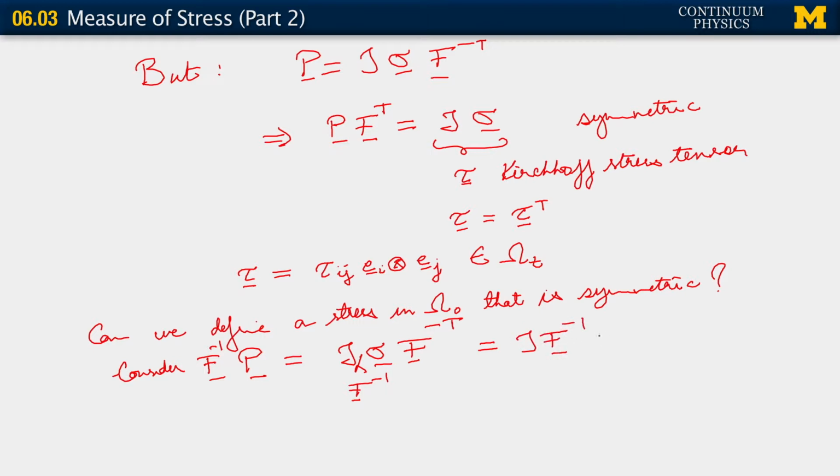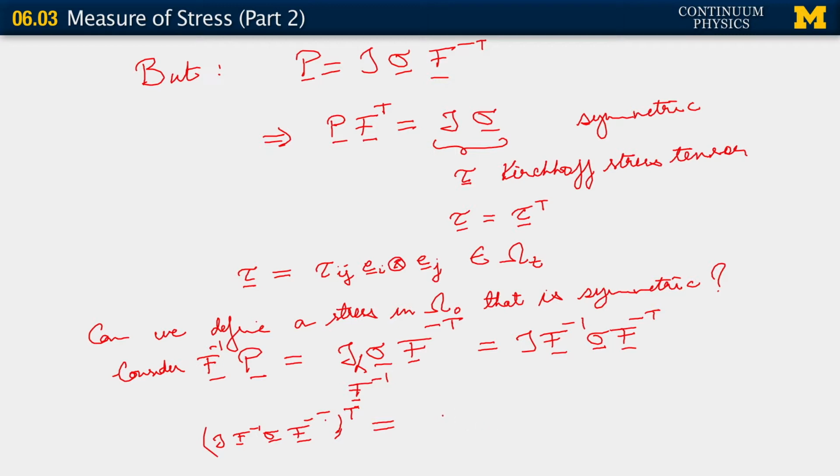And the symmetry becomes clear if we consider what we have on the right hand side here. Because note that J F inverse sigma F inverse transpose, the whole transpose, is, what is the transpose of a product of tensors? It is a product of the transposes, but with their orders reversed.